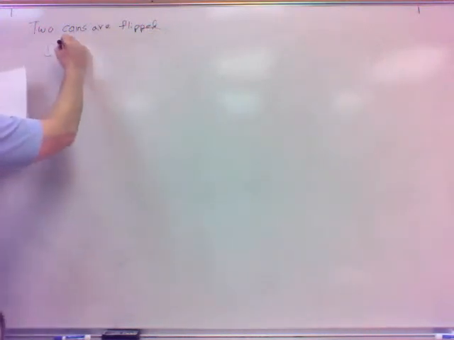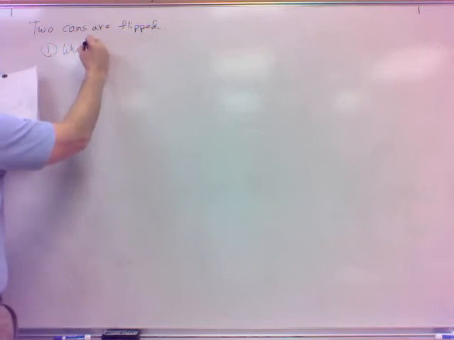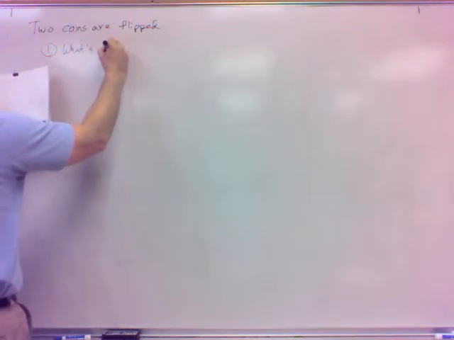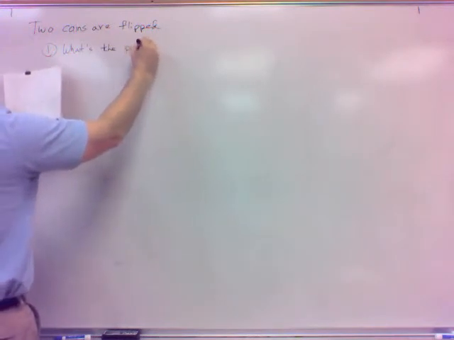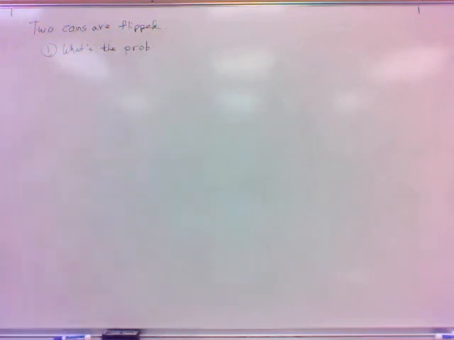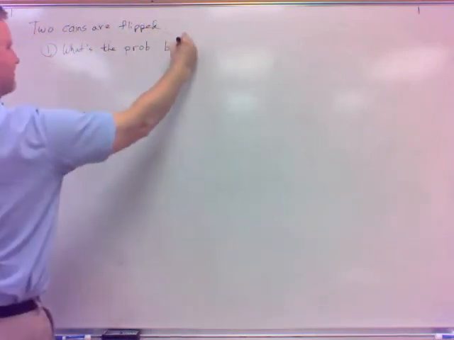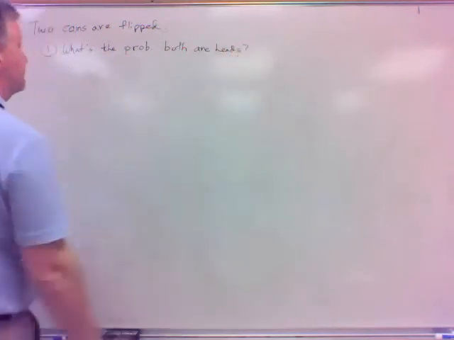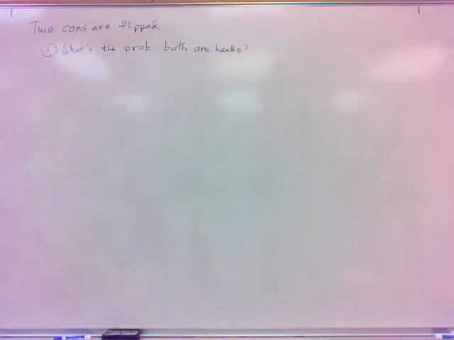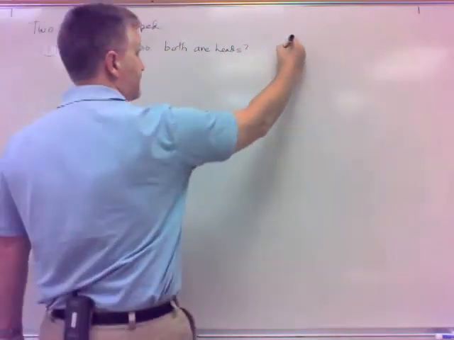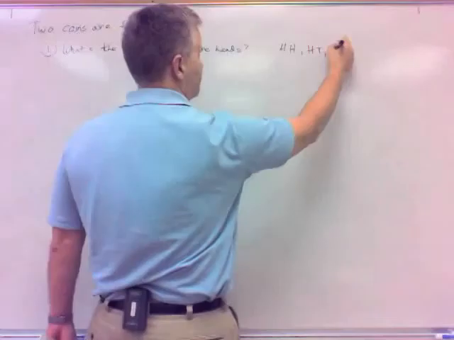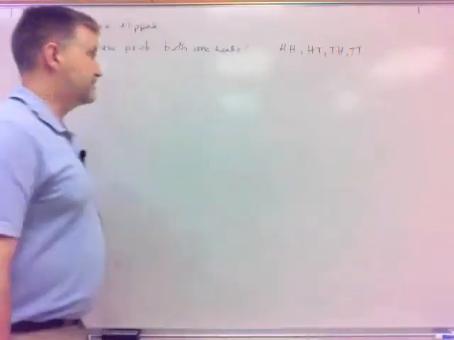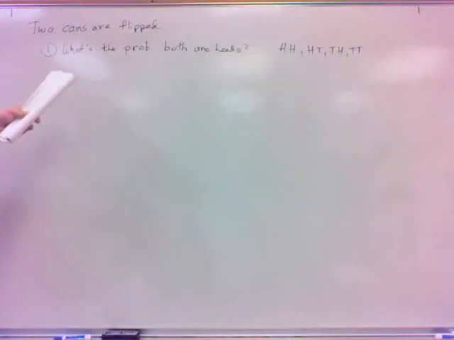Number one, what's the probability both are heads? Two coins flipped, probability both are heads. Well, again, we are talking about the heads, heads, heads, tails, tails, heads, tails, tails possibilities. So knowing those are the possibilities, what's the probability both are heads?